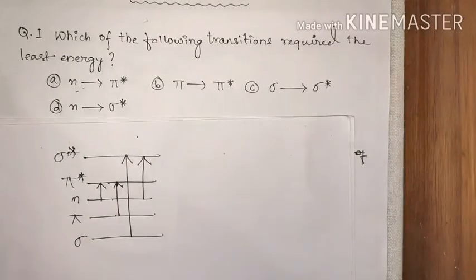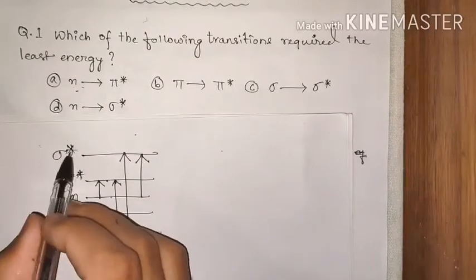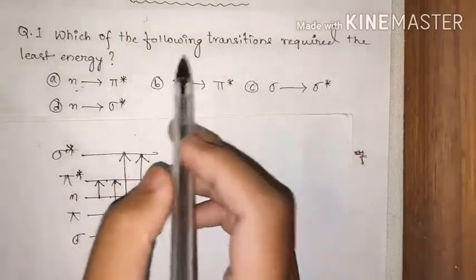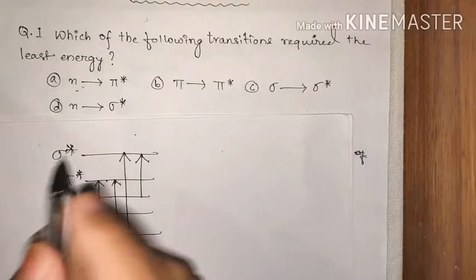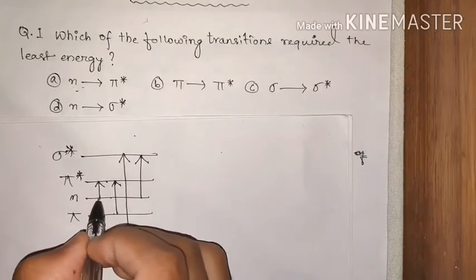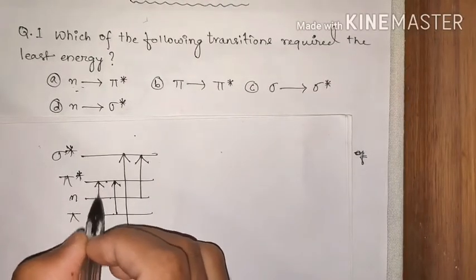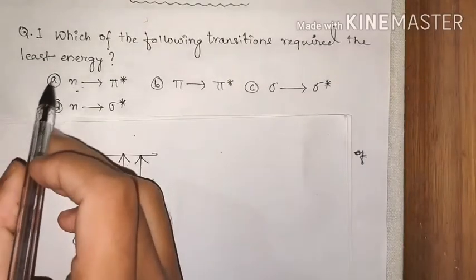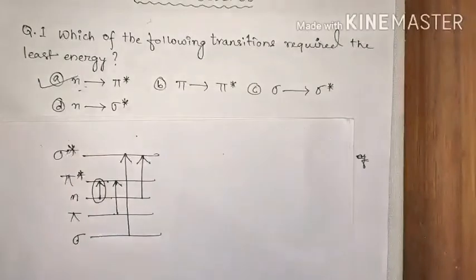We can see that sigma to sigma star requires the highest amount of energy, but here the question asks which transition requires the least energy. So if we see the least energy, n to pi star requires the least energy. So the correct option will be A.